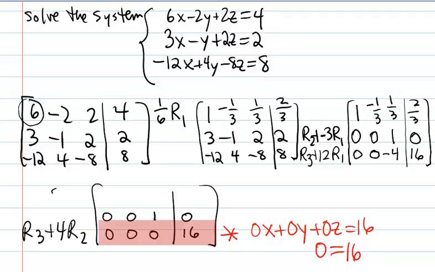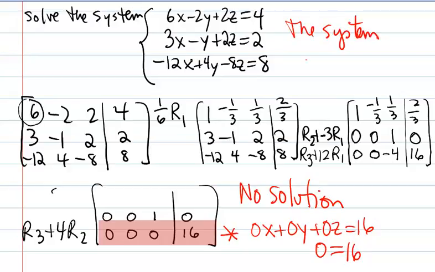It doesn't matter what values I put in there for x, y, and z. That will never be satisfied. So my conclusion here is no solution, and the system is inconsistent. I call it inconsistent when there is no solution.